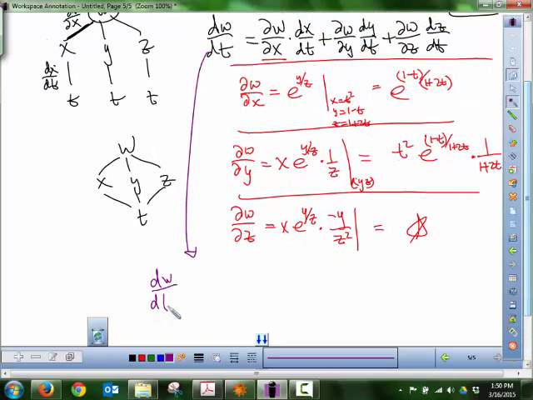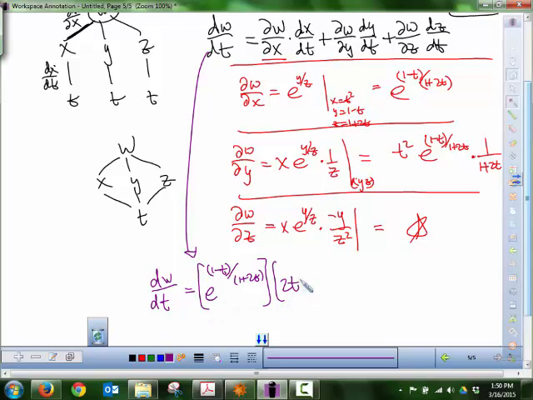dw/dt is going to equal dw/dx, so e to the 1 minus t, 1 plus 2t, times dx/dt. That's the derivative of t squared, right?